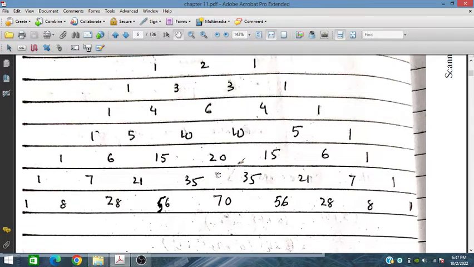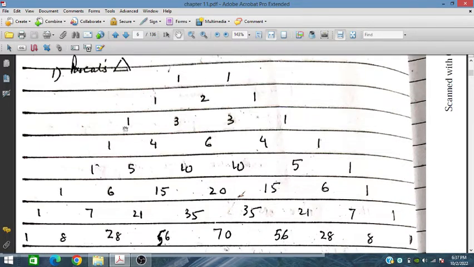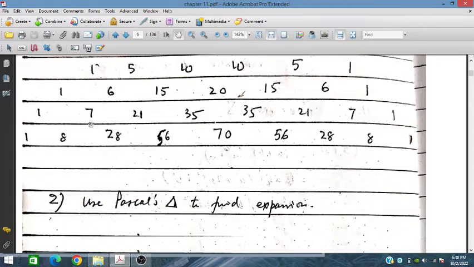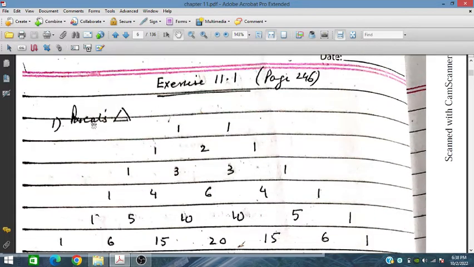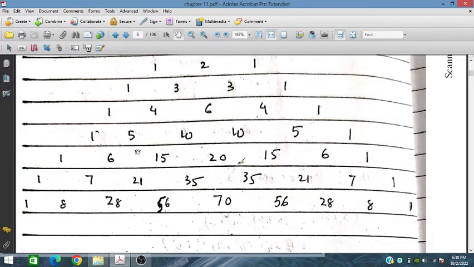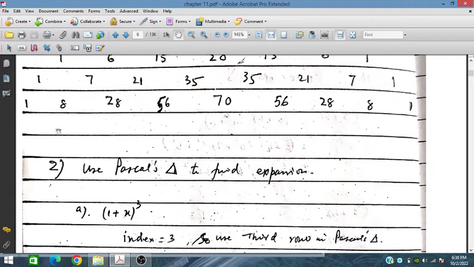So this is the way that we added up to the first row, second, third, fourth, fifth, sixth, seventh, eighth. I have included up to the 8th row. It was asked for the 5th or 6th, but I have included one more row.